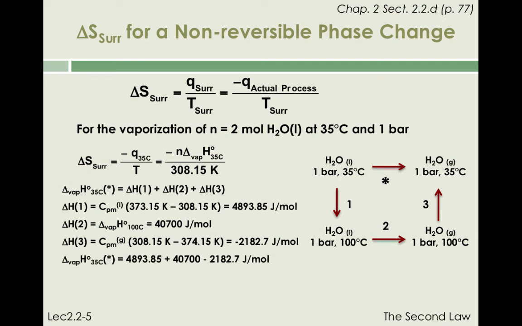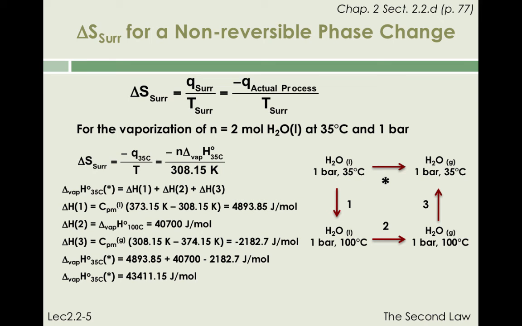So we obtain delta H vaporization at 35 degrees Celsius equal to 4,893.85 joules per mole plus 40,700 joules per mole minus 2,182.7 joules per mole, equal to 43,411.15 joules per mole.